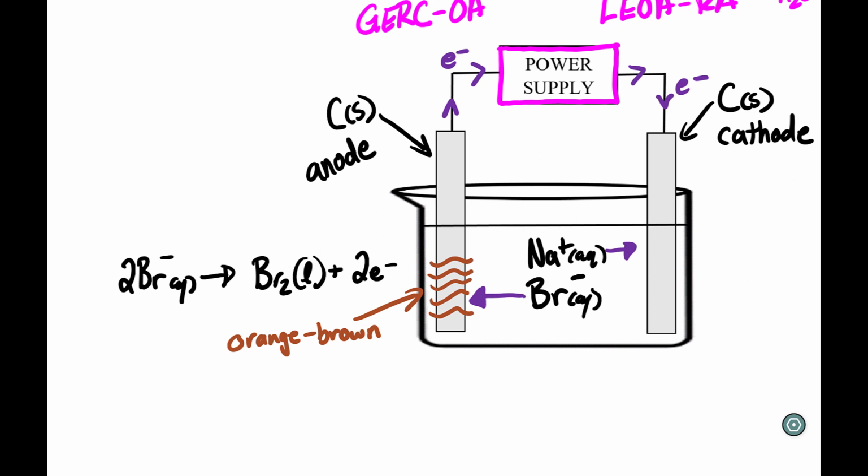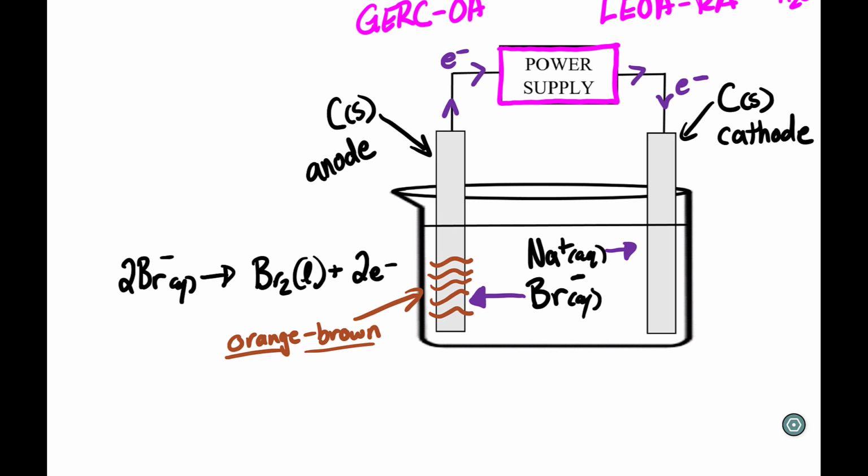And that's it. I don't have any other thing going on here. I don't have a solid becoming aqueous. I don't have acid or base being made. Now, this is something that you do have to remember. Bromine is, sometimes they say it's a yellowish brown, orangish brown, reddish brown, something like that. It has to be memorized.